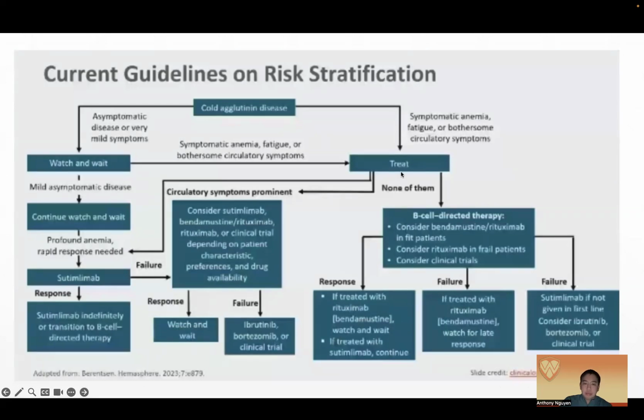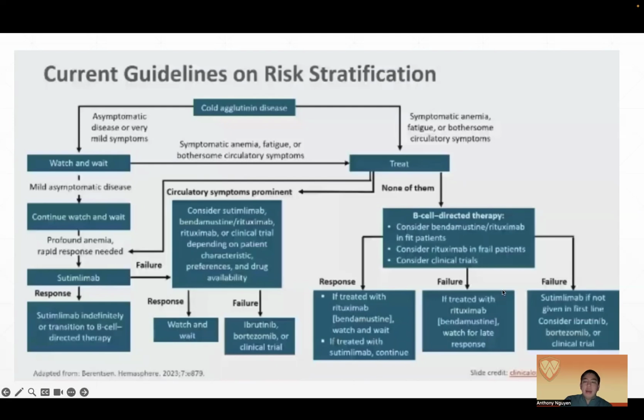For patients who do start sutimlimab, we would continue sutimlimab indefinitely or transition to a B cell directed therapy. For patients who don't have prominent circulatory symptoms, we also use B cell directed therapy. Again, bendamustine rituximab in fit patients. In frail or older patients, typically we would consider single agent rituximab.